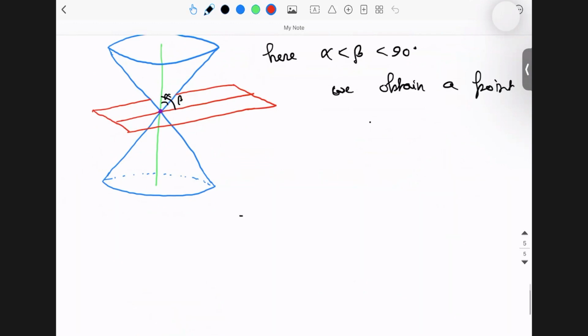suppose beta is less than alpha and the plane is passing through the vertex.